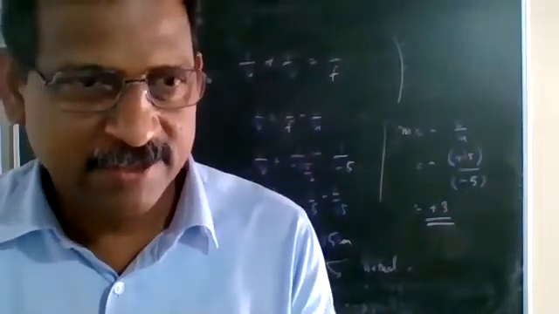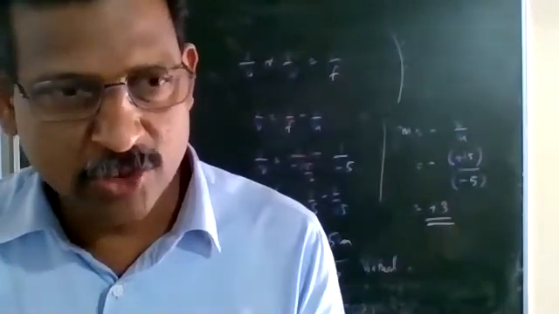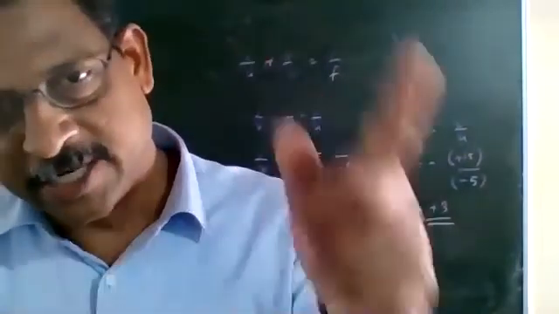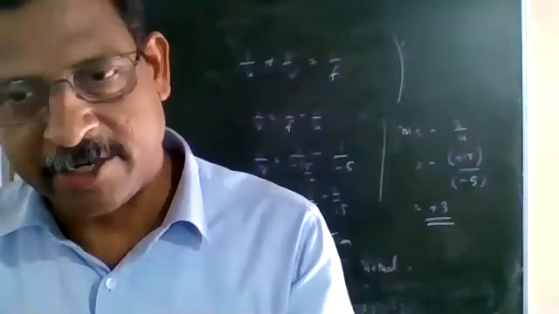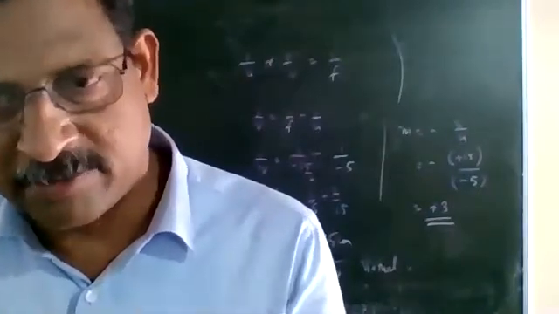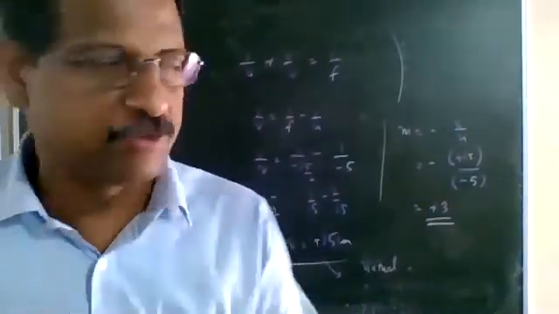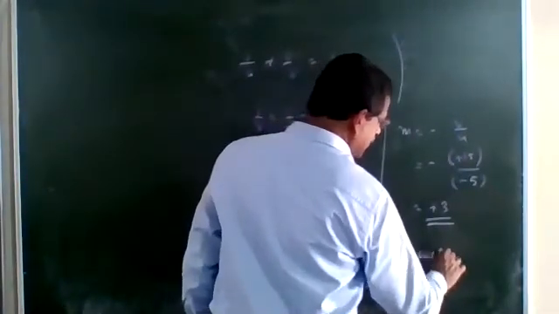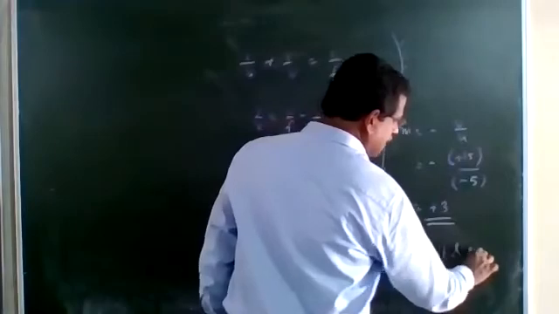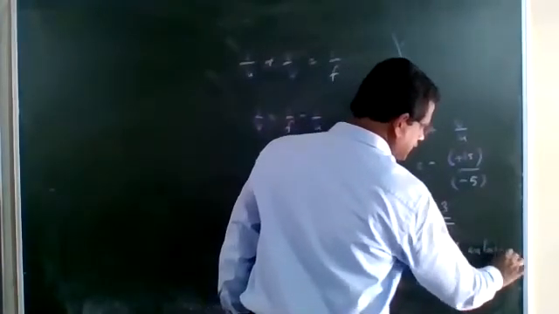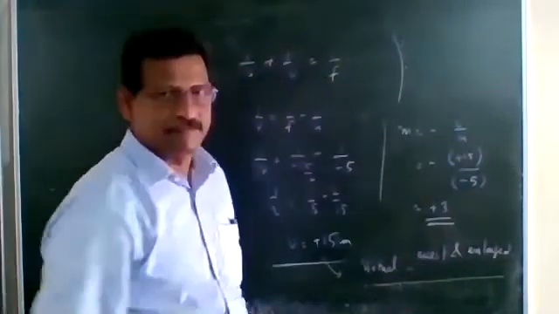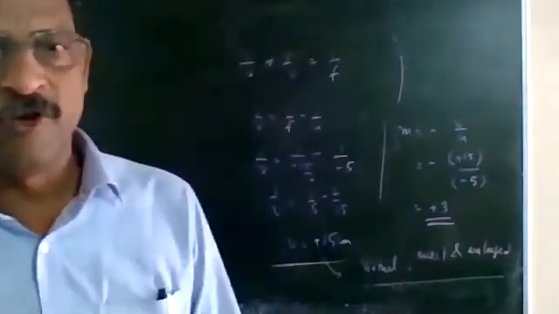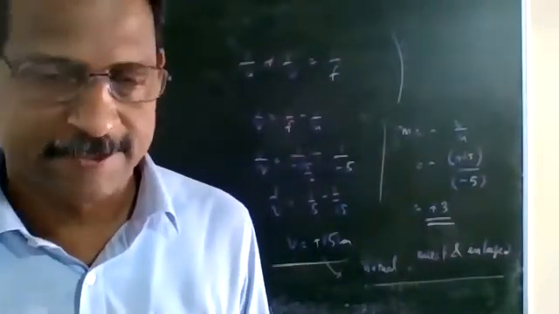Plus sign means it's a virtual image. Virtual images are always erect. Virtual, erect, magnified, enlarged image. How many times enlarged? 3 times. So this is a virtual, erect, and enlarged image. So for these two numericals, we use two different sign conventions to complete them.